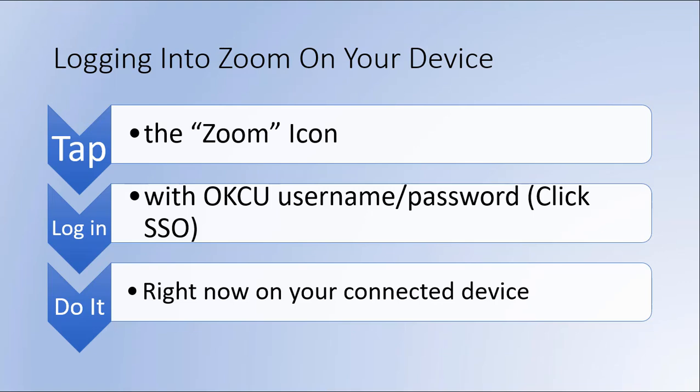So when you sign on to BlueLink or your email or things like that, it is utilizing the SSO feature that we have here. And so when you first are doing this, it may ask you what the web URL is. And for us, our web URL is okcu.zoom.us. So you may have to fill in the OKCU part. And if you do it right now and you download it on your device, you are going to be connected.